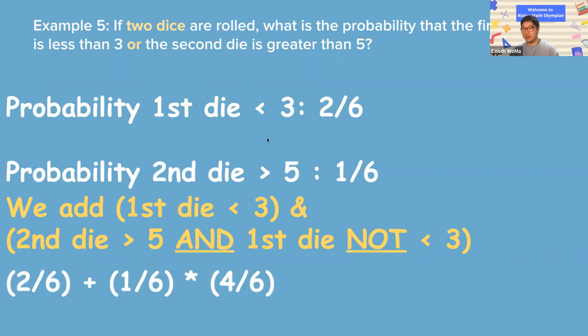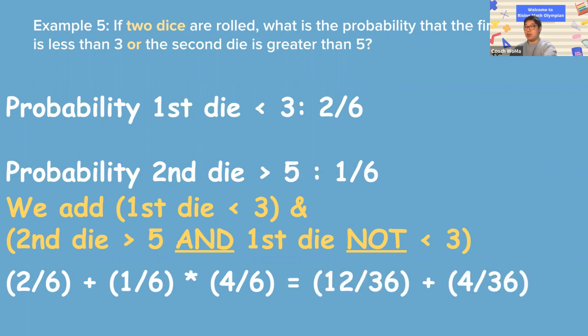So that would be 2/6 plus, we've got that 1/6, and then there's a 4/6 possibility of the first roll not being less than 3. If we calculate this out, multiplying fractions, the first one you can make into 12 out of 36, and then you multiply fractions, add them together, 4/9.